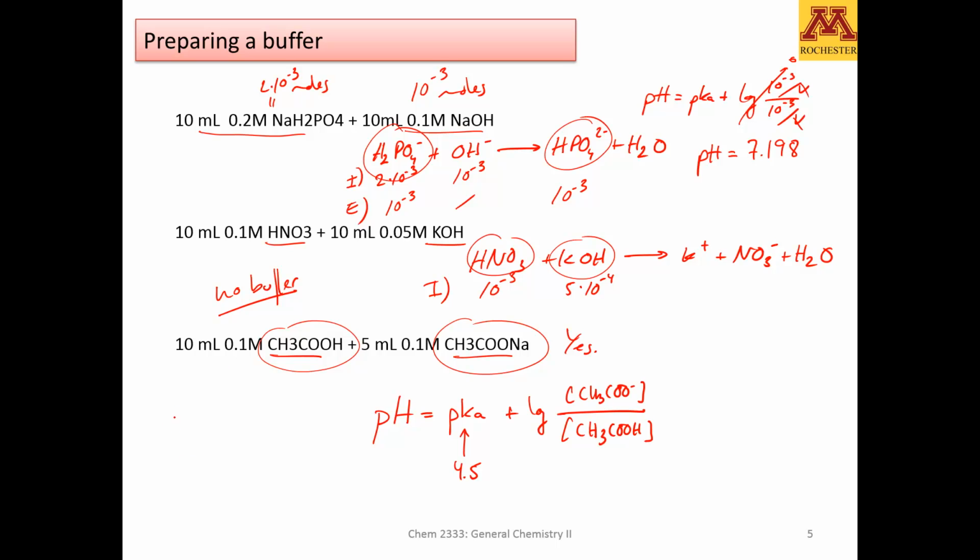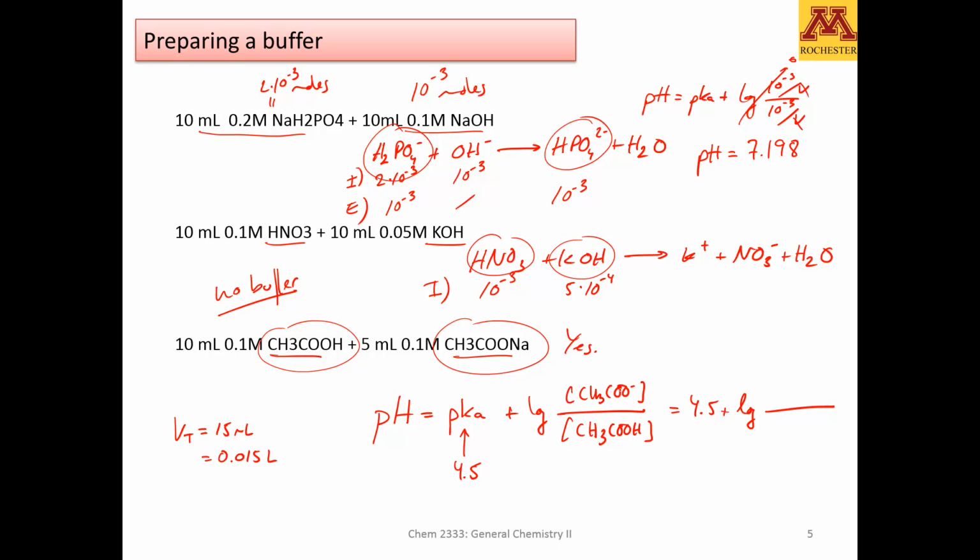Well, the total volume will be 15 milliliters, or if you will, 0.015 liters. But typically we don't need to bother with the volume, we just need to calculate the number of moles.